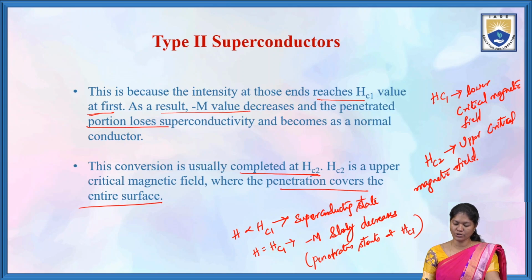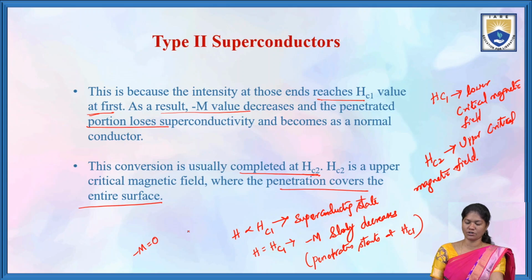So the minus M value goes on decreasing and the penetrated portion loses superconductivity and becomes a normal conductor. Minus M goes on decreasing and falls to 0.